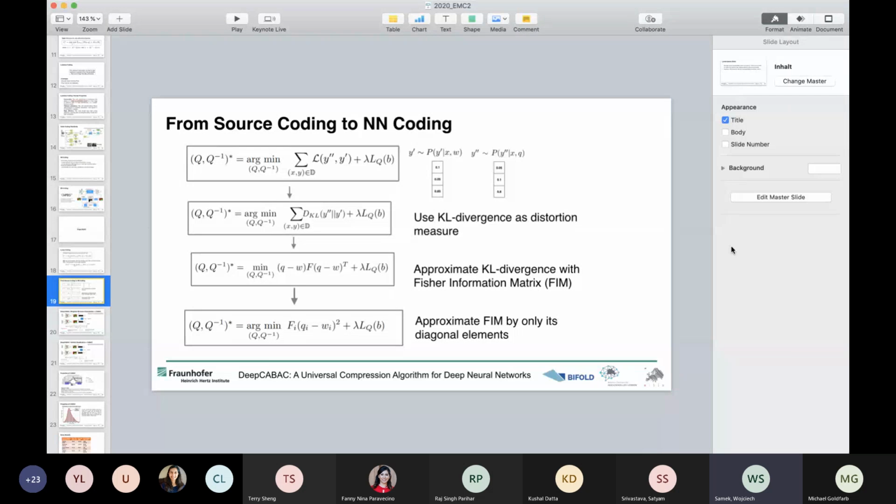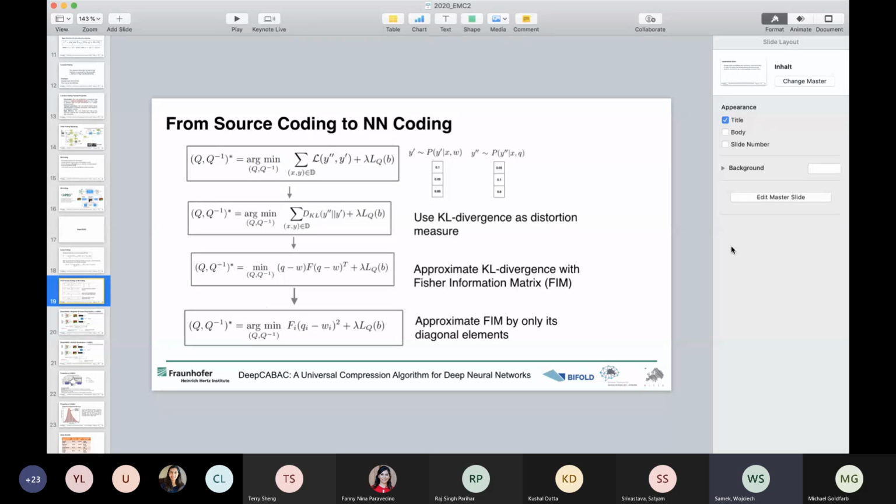And one measure you could use is, for example, the Kullback-Leibler divergence between these two probability distributions at the output. And you can further simplify by approximating the Kullback-Leibler divergence with the Fisher information matrix. This is something which is well known. And you can further simplify by approximating the Fisher information matrix by only considering its diagonal elements.